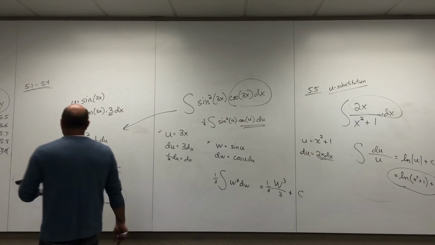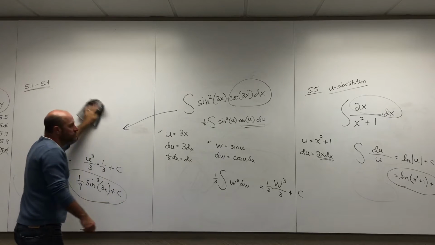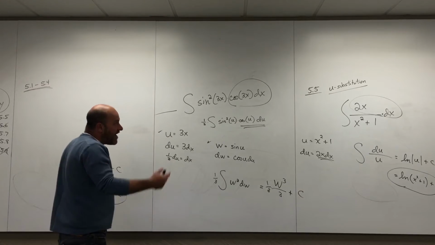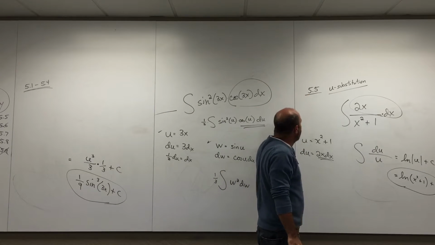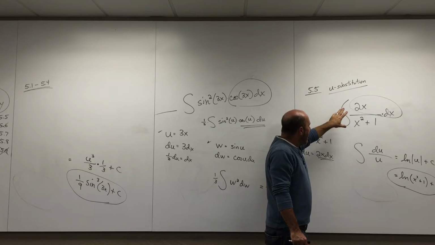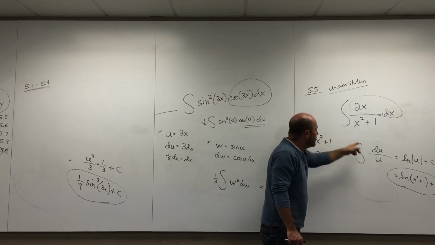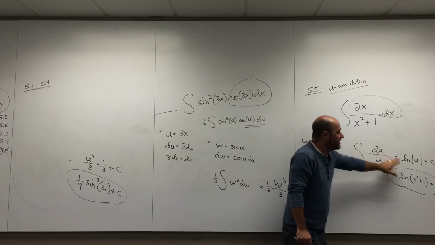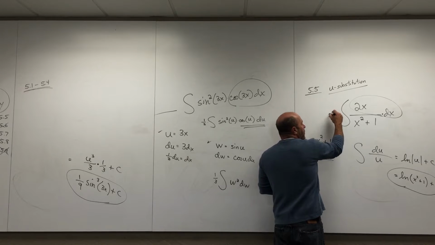Now in 5.5 you do this u substitution, and I'm going to be honest with you, you won't have any of these, with u in the denominator and du in the numerator like that. The answer to this is a log. And for some reason, they save all these log problems for 5.7.